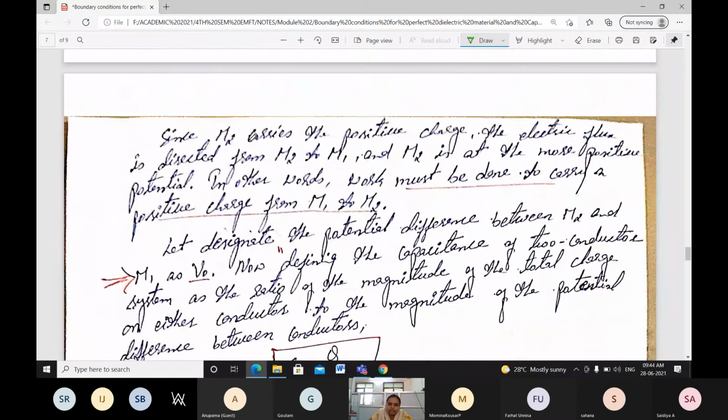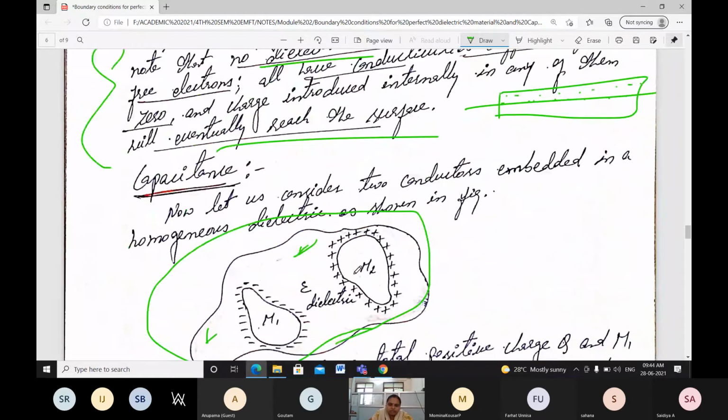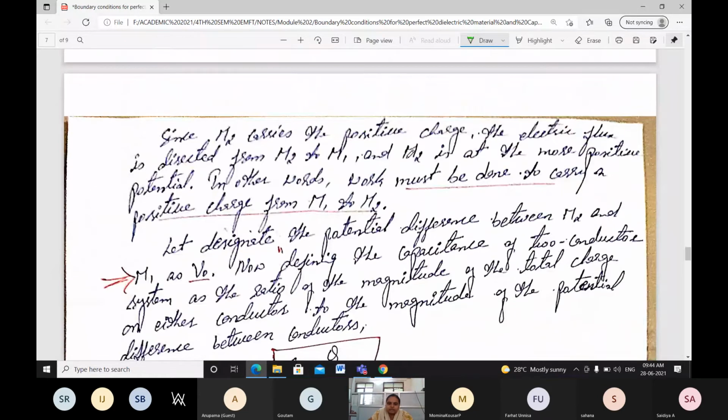Then since M2 carries a positive charge, the electric flux is directed from M2, which is positively charged, toward the negative. And M2 is at the more positive potential.